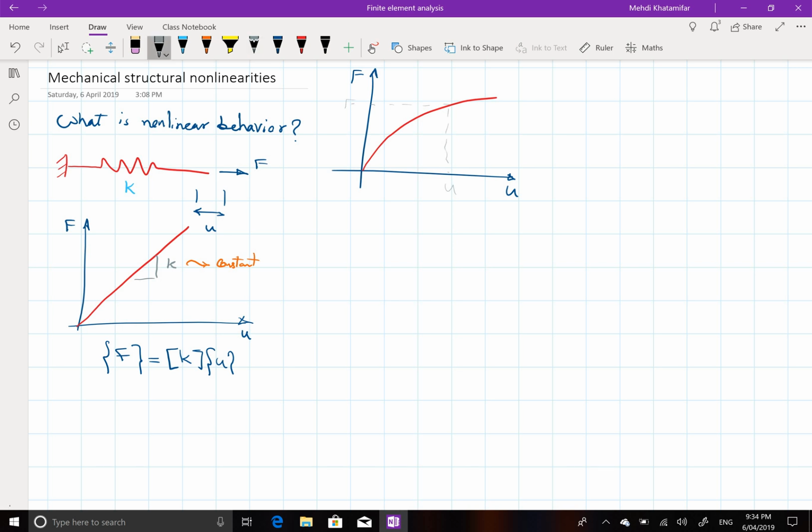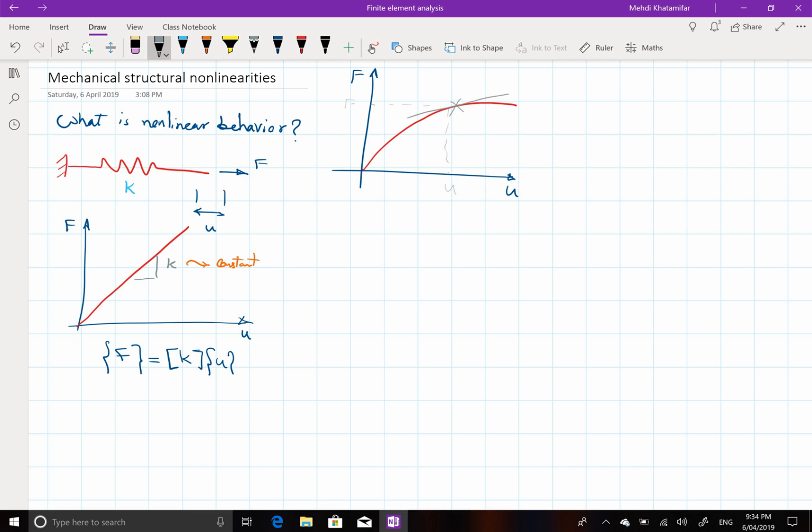So if I draw the slope of this graph, for example here, let me draw this again. So if I draw a slope at this point, it is going to be like this.